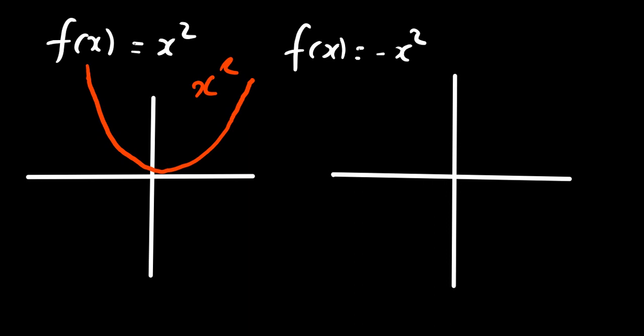For this other one, on my calculator, I'm getting 1.5. So this would be our 1.5 and this would be our 4.4, like that. So those would be our points.